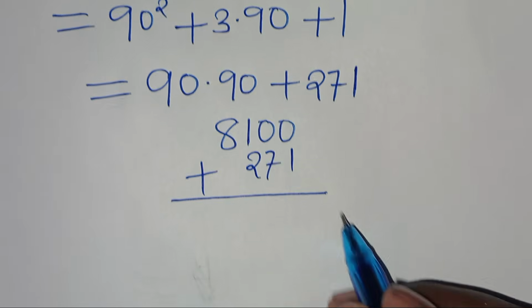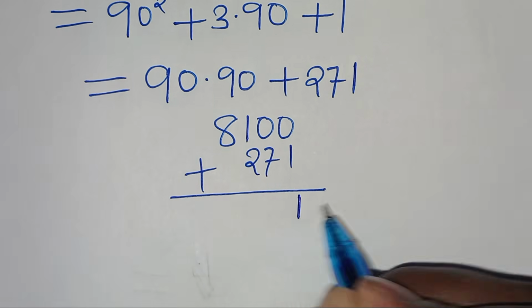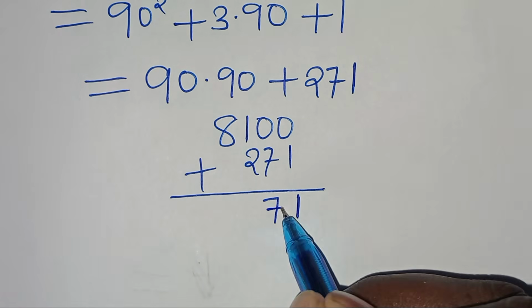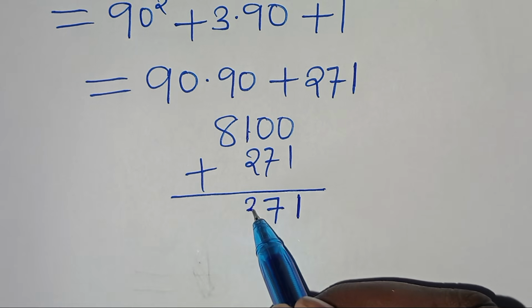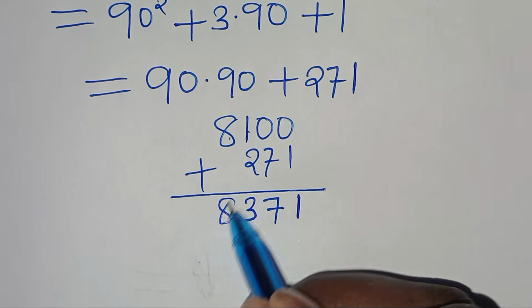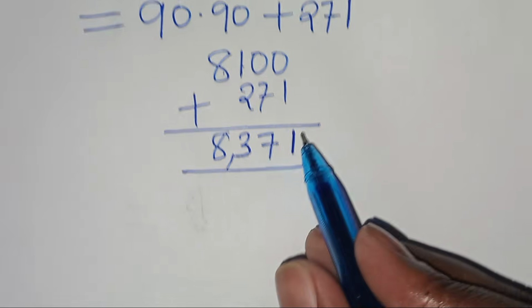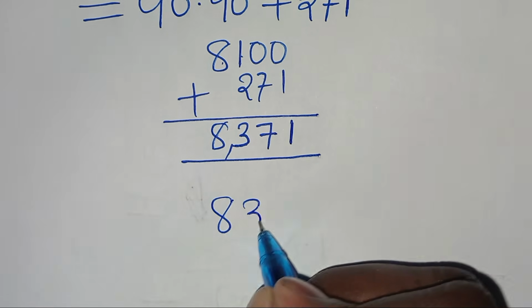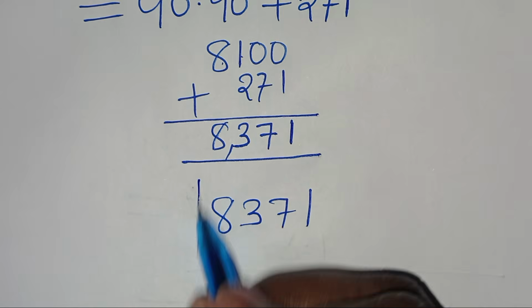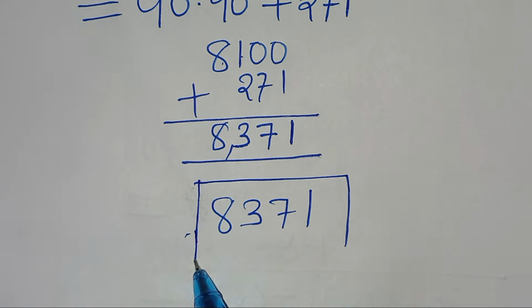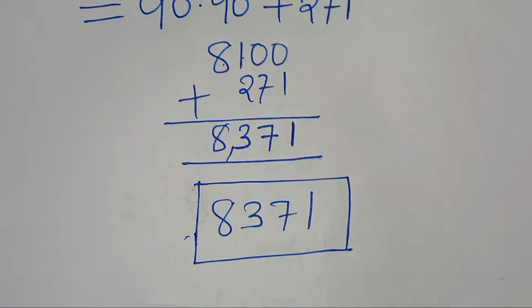And this is equal to 0 plus 1, this is 1. 0 plus 7, this is 7. 1 plus 2, this is 3. Then we have 8 here. So we have 8,371. So 8371 is the solution to this square root math problem.